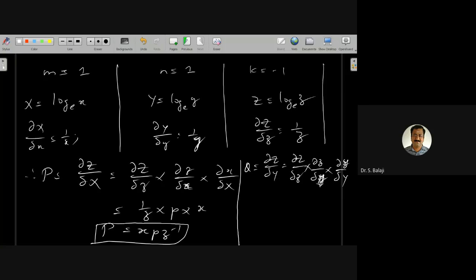So ∂z/∂y is possible and ∂y/∂Y is possible. This is 1 by z, and this is the reciprocal of this one, y. So y q z power minus 1 is capital Q. Capital Q is y q z power minus 1. Okay?